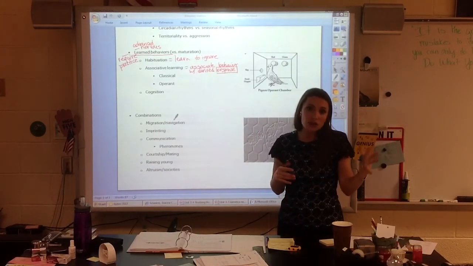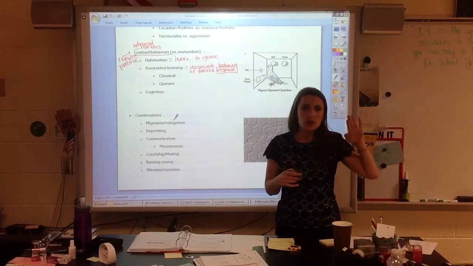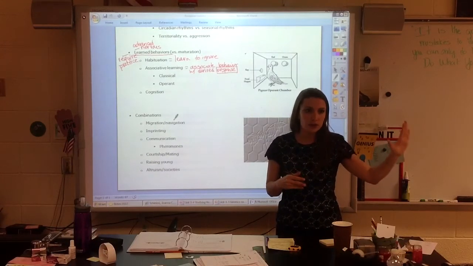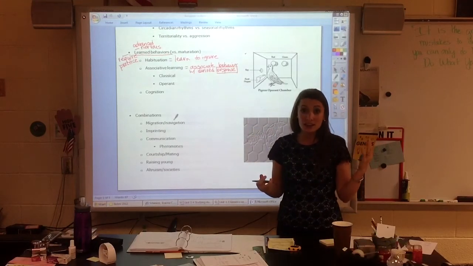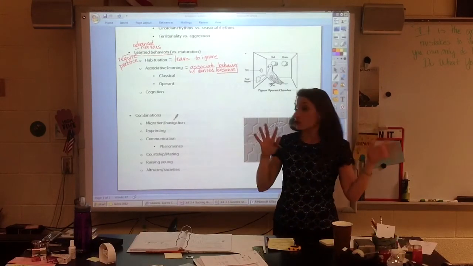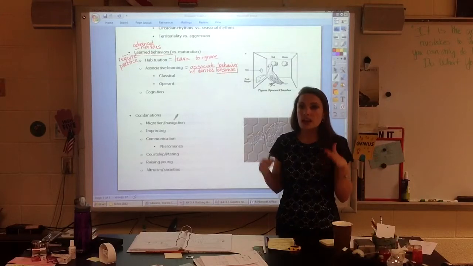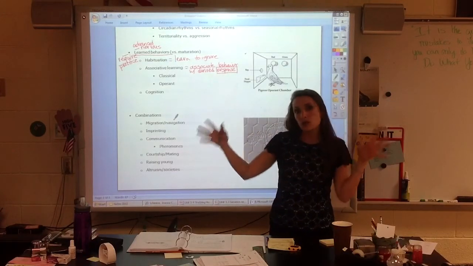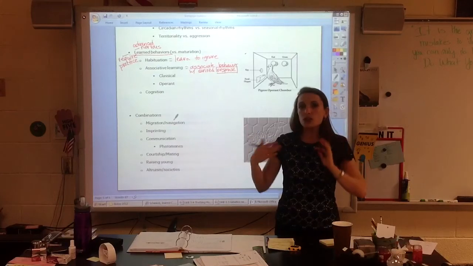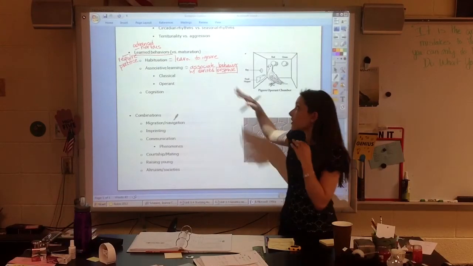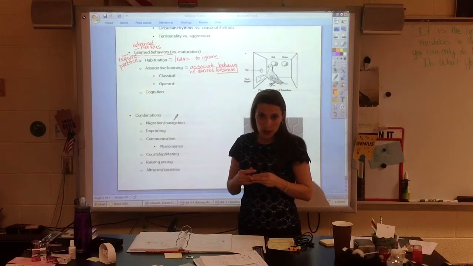But they learn to not respond to certain sounds or certain visions. You could think of it as in the classroom, people who get distracted by every little thing and have never been taught to ignore external stimuli. So habituation is learning to ignore certain stimuli.